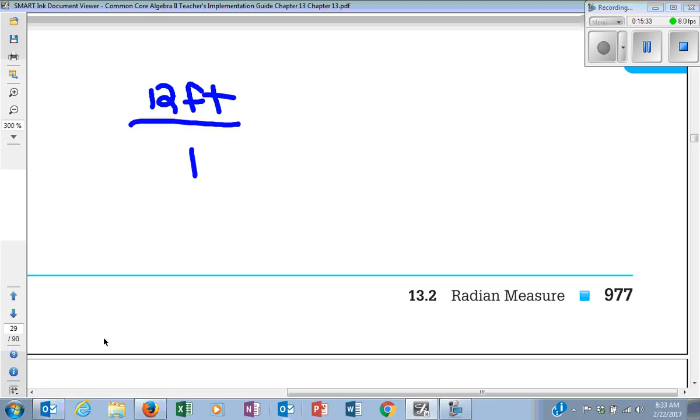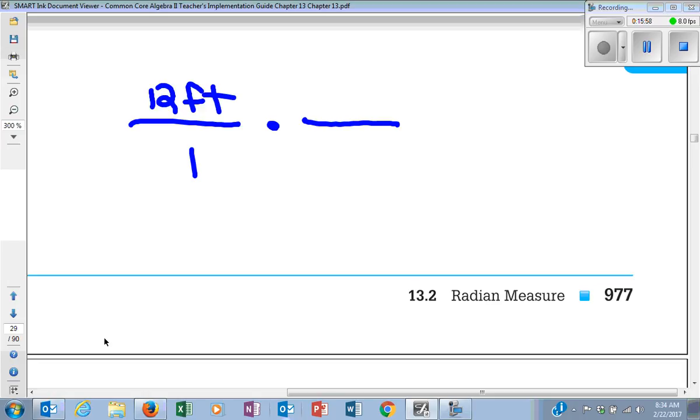What is the only number in the world that doesn't change the value of the number, but it can change the way it looks? What have I been preaching all year long? 1, correct? So I have to times this number by 1 over here. But I can make the fraction 1 look really funky. Does that make sense?